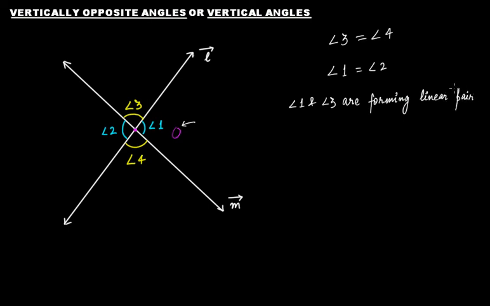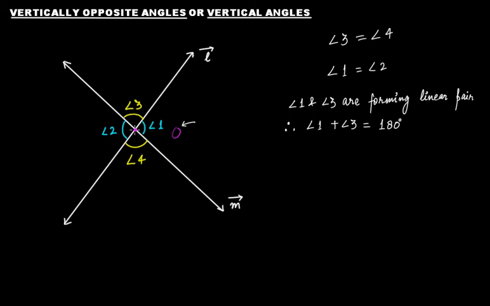Now, since they are forming a linear pair, we know that angle 1 plus angle 3 will be equal to 180 degrees, right?